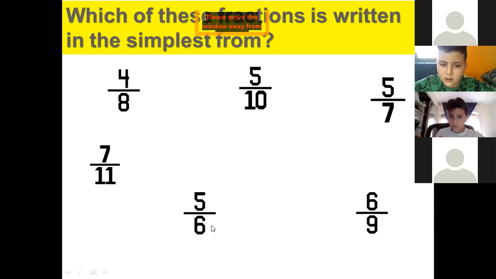5/6. Yes, excellent. This is a fraction in simplest form, because 5 and 6 have nothing in common. Do you need more, or do you want to let me choose someone else?